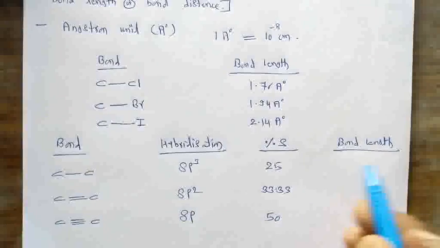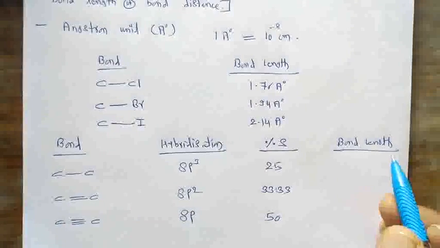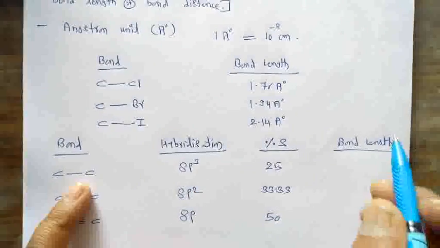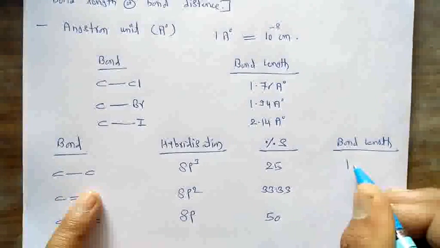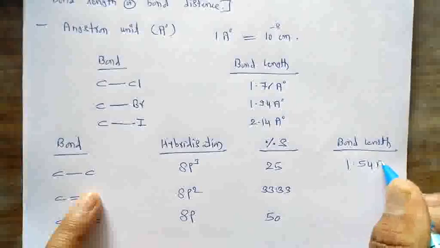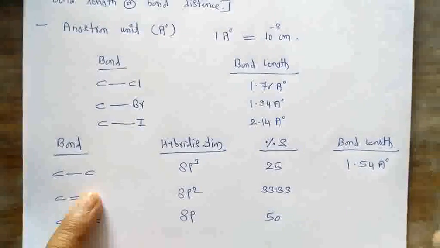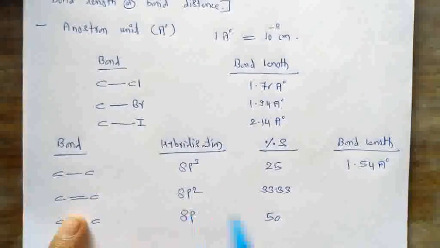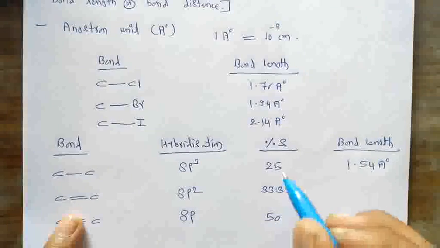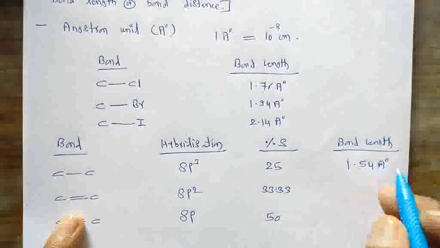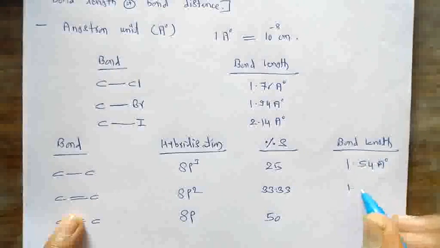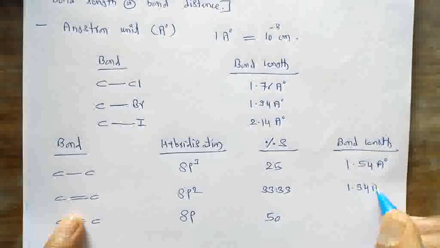So it affects the magnitude of the bond length. For carbon single bond carbon, the bond length is 1.54 Angstrom units. For the second type, carbon double bond carbon, the percentage of S character increases, and the bond length becomes 1.34 Angstrom units.